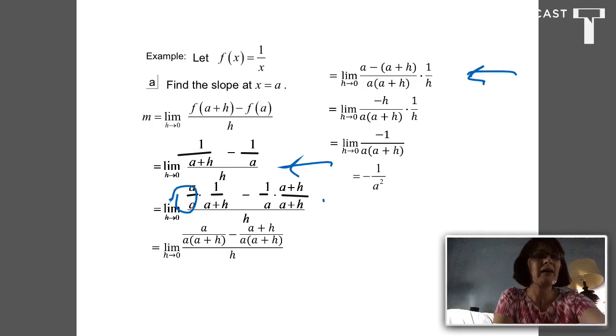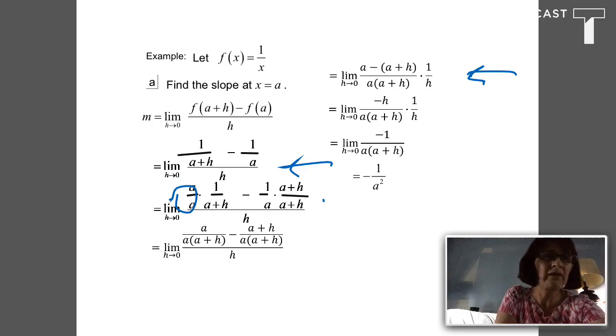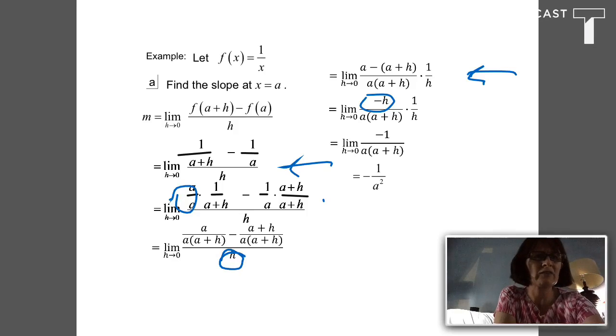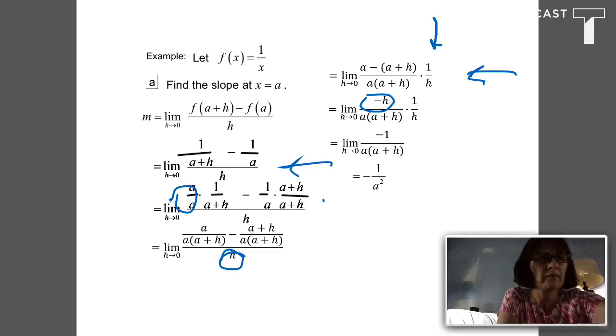So a minus the quantity a plus h is like a minus a minus h, which is how I end up with this negative h here. And what happened to my denominator? Instead of dividing this whole mess by h, I've changed to multiplication by 1 over h.